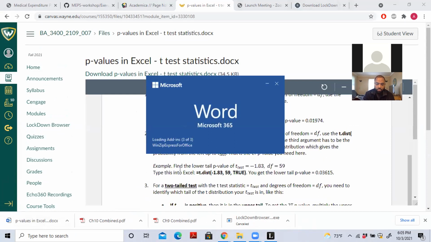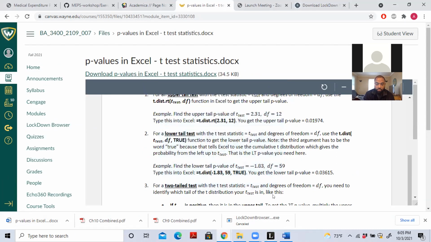I will give you a question, like: this is the t-test statistic of negative 1.83 and the degree of freedom is 59.